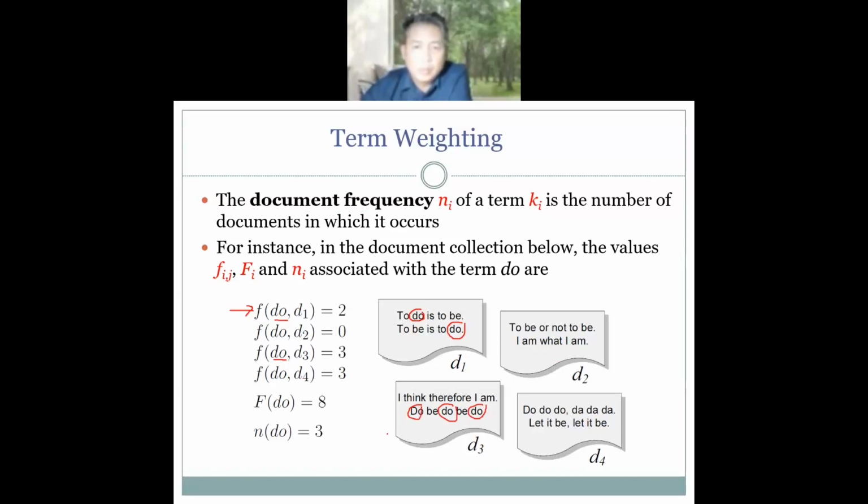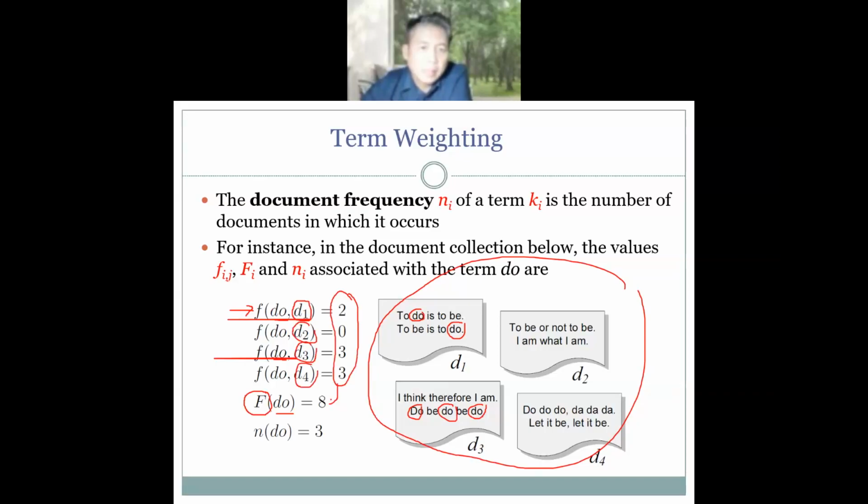Then this F refers to the total number of occurrences of "do" in this whole set of documents. If we compute individually for document 1, 2, 3, and 4, then total them up, we have 8. So this is the frequency of "do" in all of the documents D1, 2, 3, and 4.